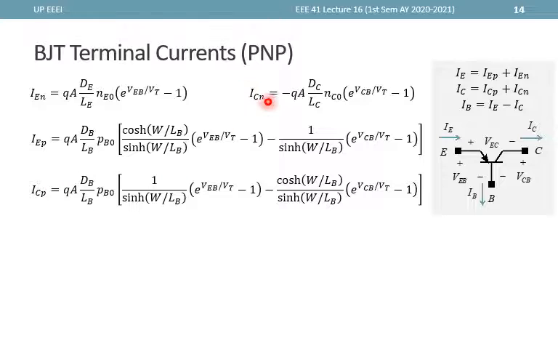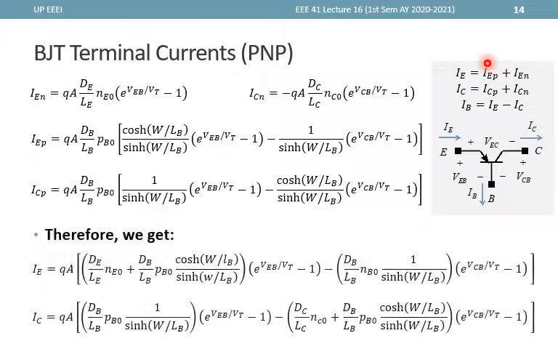Okay, so all of these are now directed to the right, and we can simply add them up. So therefore, IE is simply the sum of these two. Now that we have this e to the VEB over VT minus 1 term, we just add these two terms right here. So we have this summation here, and we have this other term right here, which is based on e to the VCB over VT minus 1.